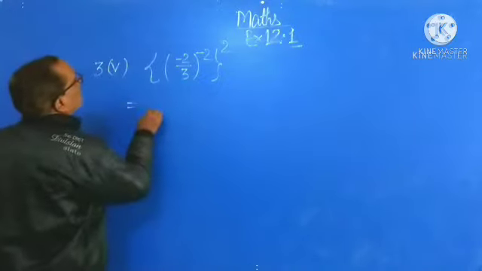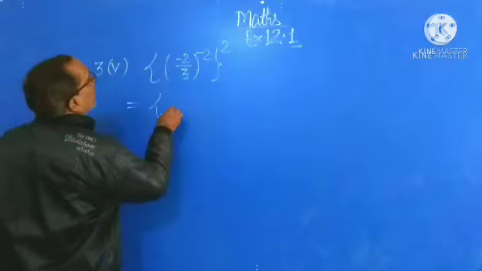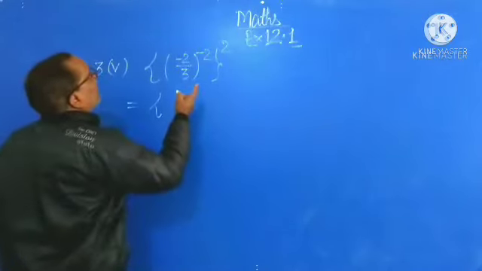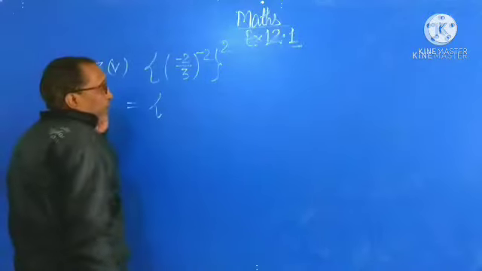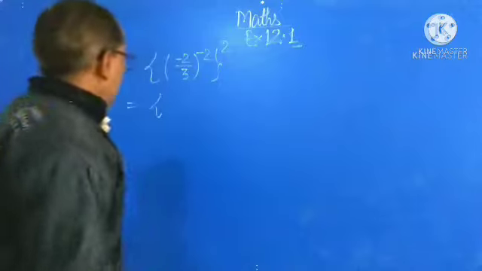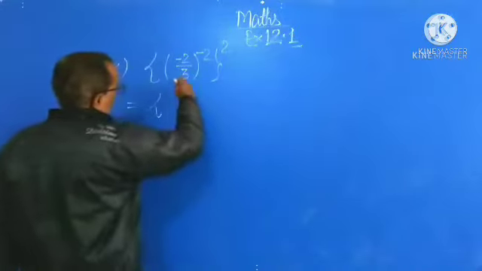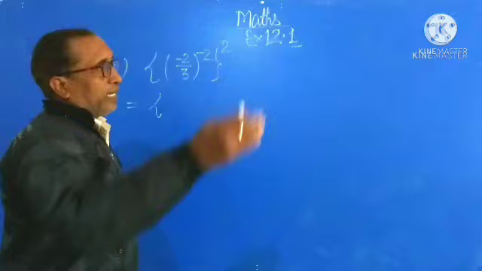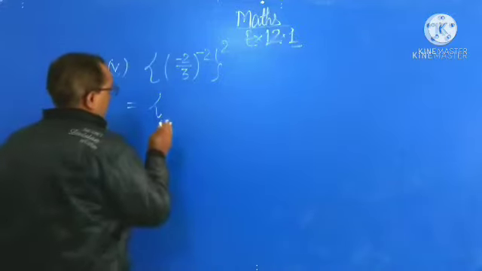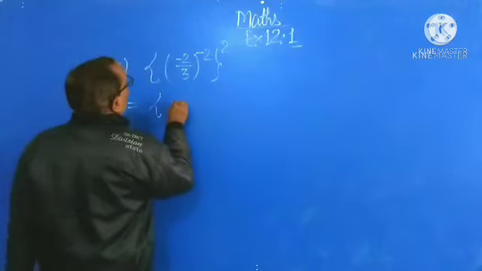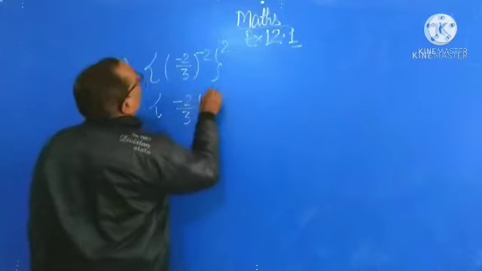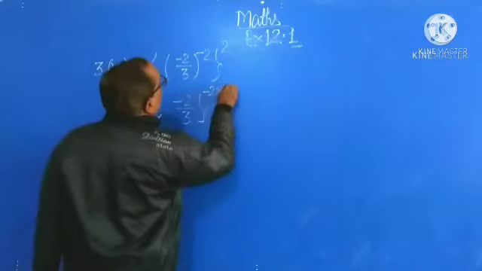When a raised to power m is raised to power n, then its value is a raised to power m into n. By this law, you write down minus 2 upon 3 raised to power minus 2 into 2.